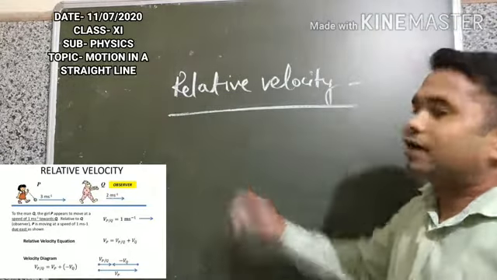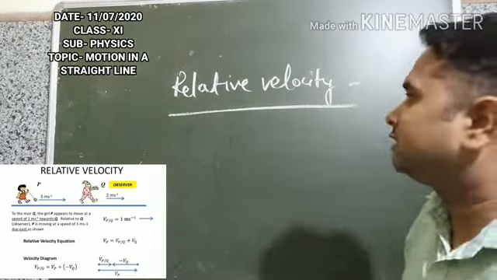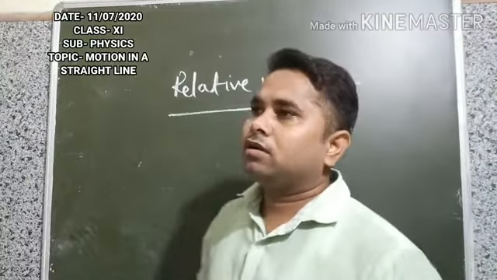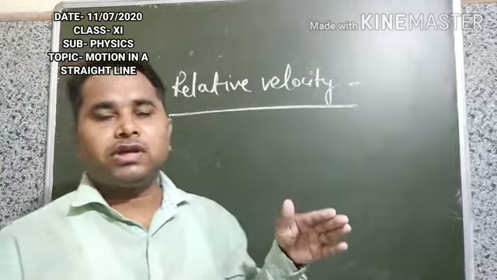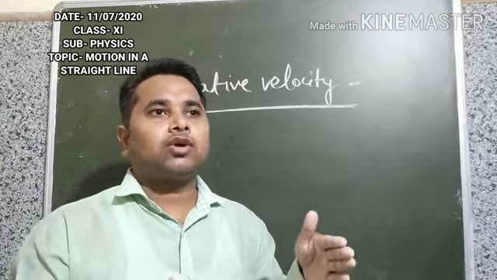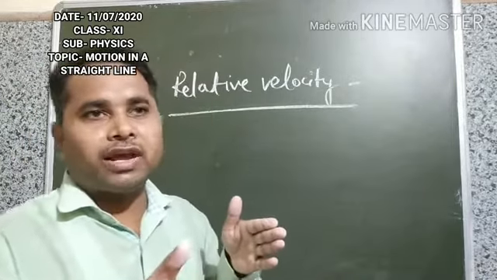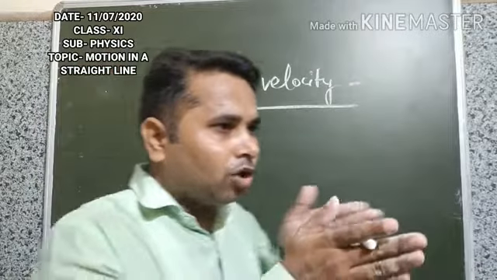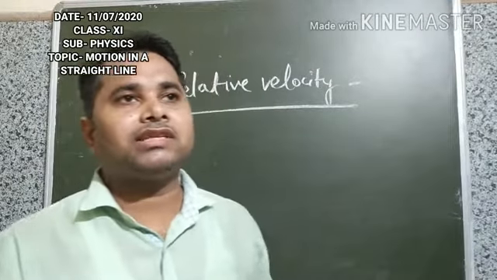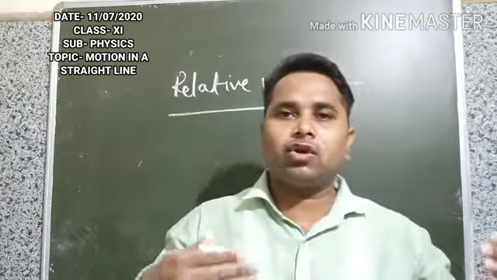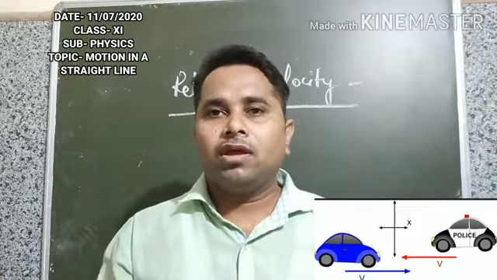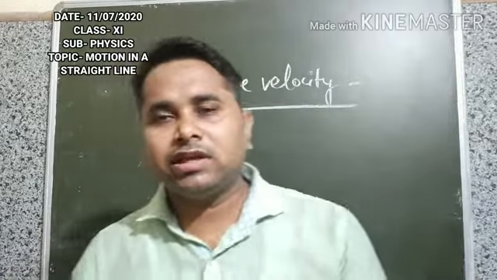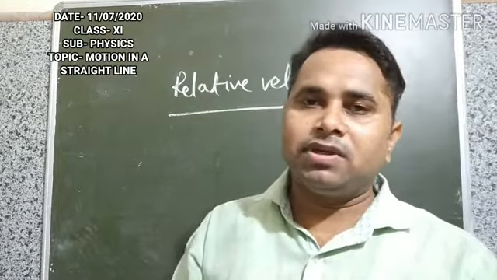One more example you can think about. Suppose the other vehicle is crossing your vehicle by moving along the same direction, and the second case is when the other vehicle is crossing your vehicle in the opposite direction. In both cases the relative velocity appears differently.